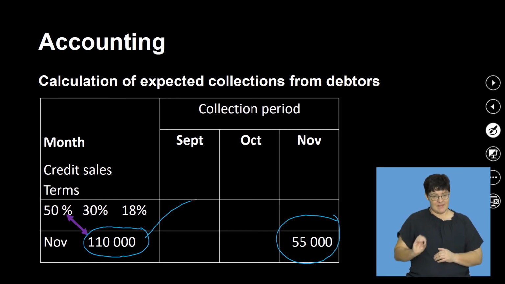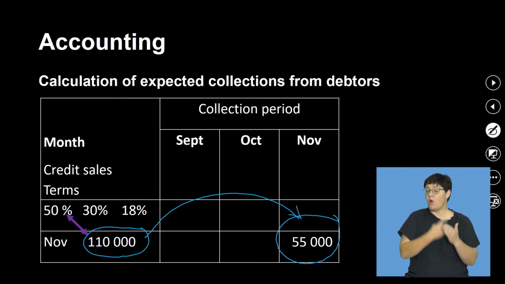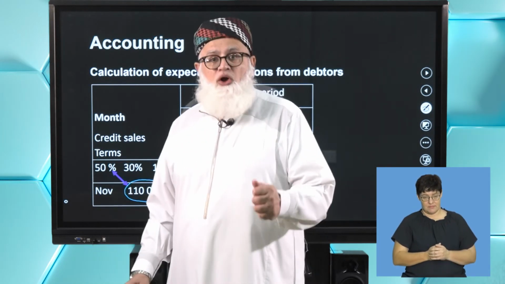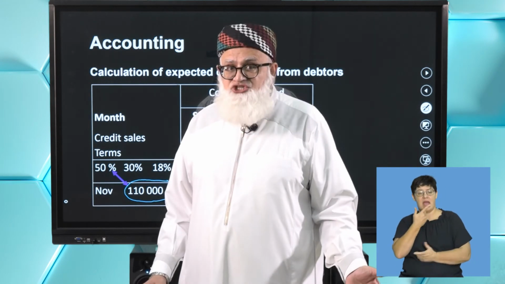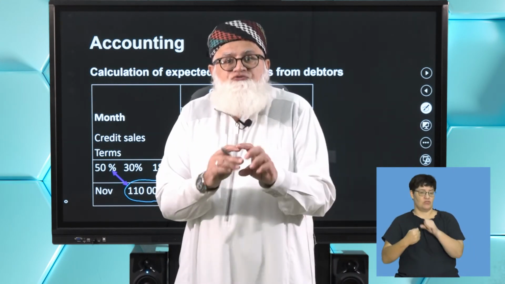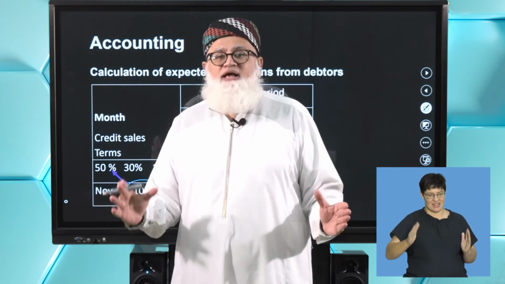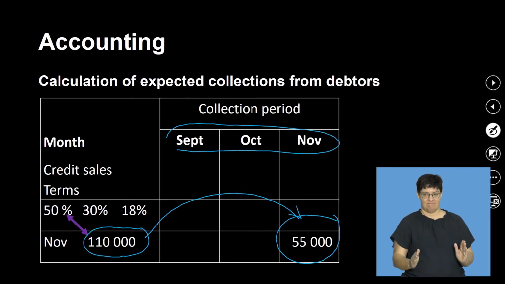Remember, I'm dealing with November, so it's only impacting on the November collection period. Obviously, November will also impact on December and January of the next year, but those 2 months fall out of the ambit of my collection period. My collection period is limited to September, October, and November.